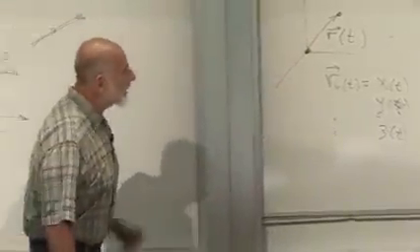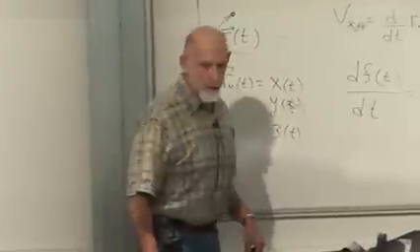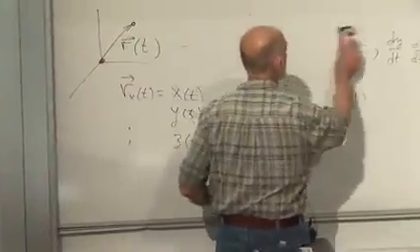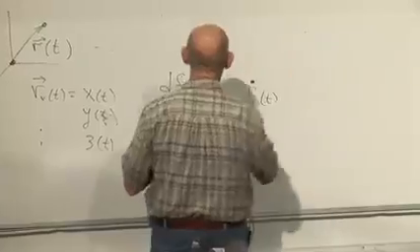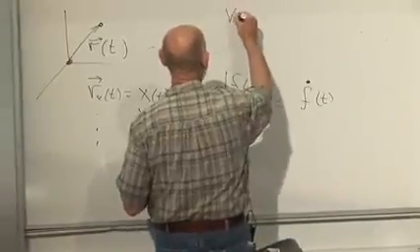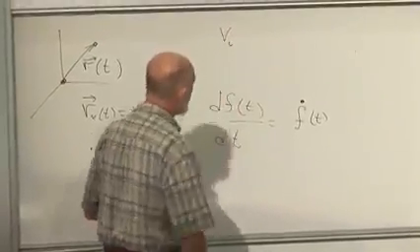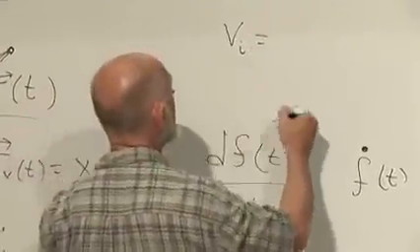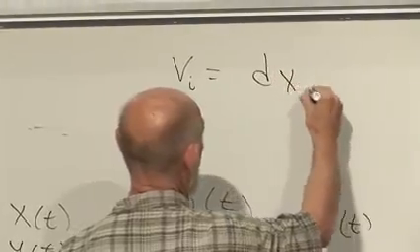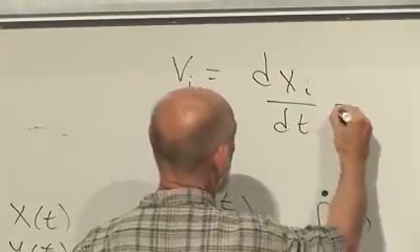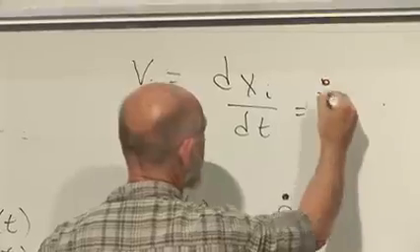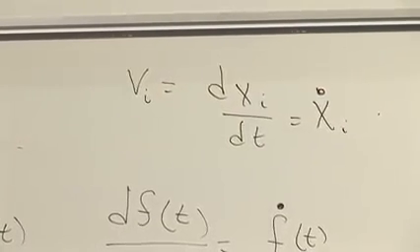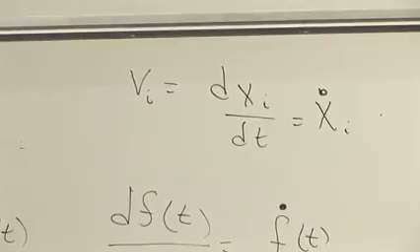So we could rewrite this, saying that the components of velocity, in one formula, v sub i, where i could be x, y, or z, is equal to dx sub i by dt, which is the same as x sub i dot. That's the notation for velocity. Velocities are important.